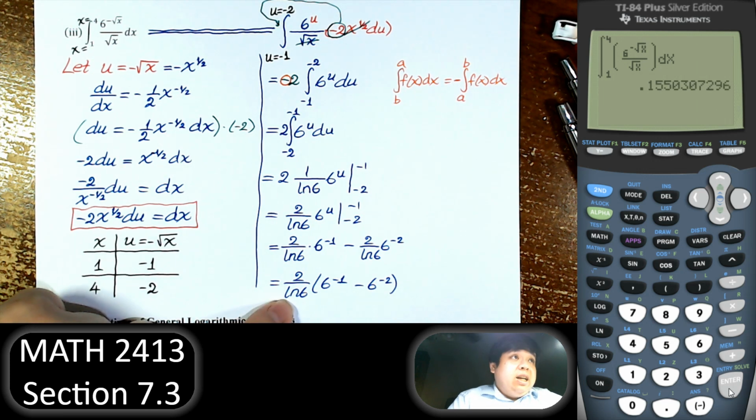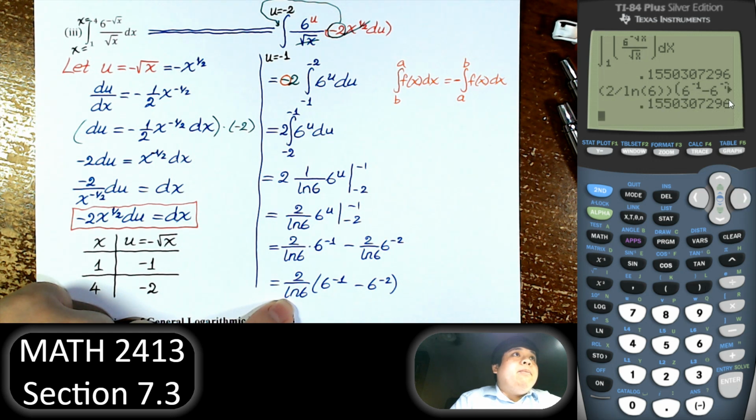That's what we have. Is that the same thing as this? 2 divided by ln of 6 times 6 to the -1 minus 6 to the -2. Yeah.